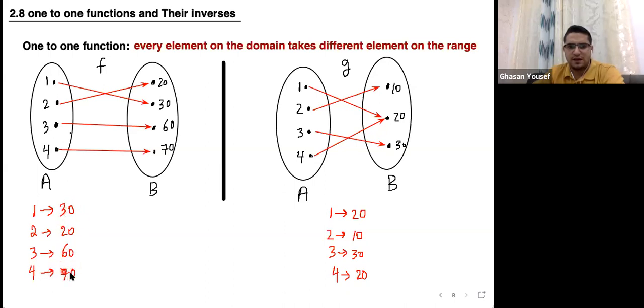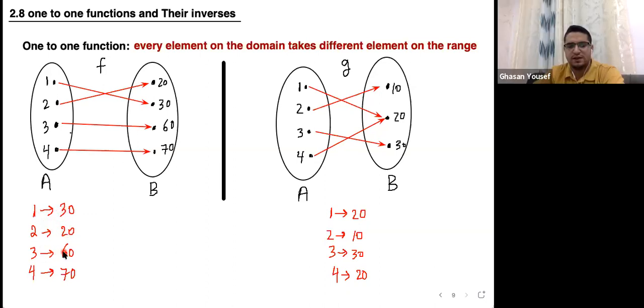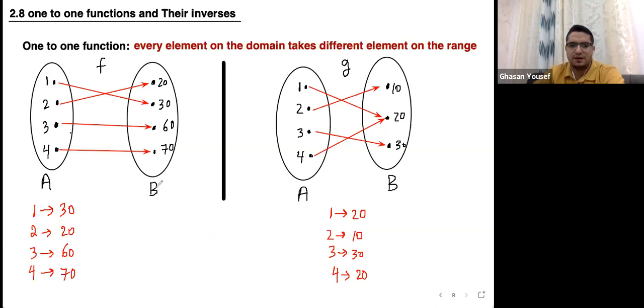Yes, they are different. So every element in set A takes a different element in set B. This means the function f is one-to-one.